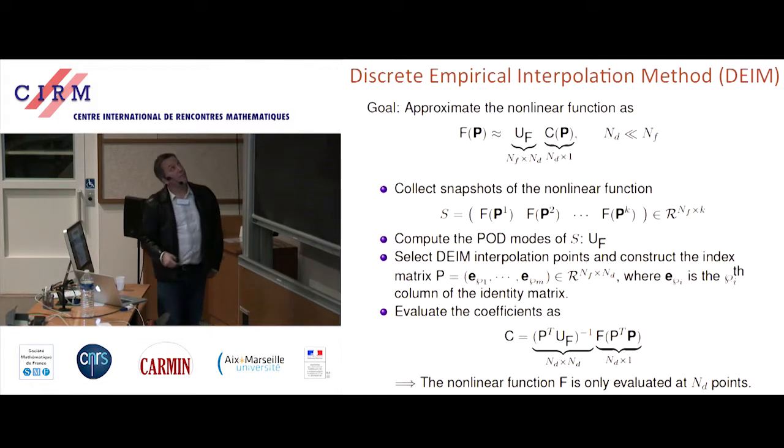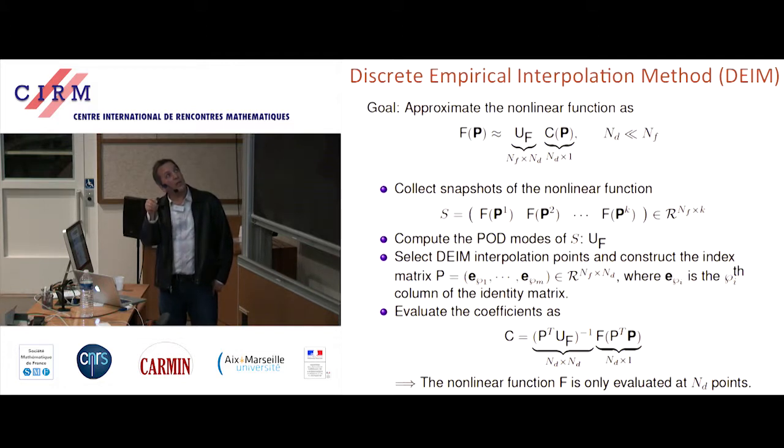As I mentioned, our goal is to obtain a reduced set of functions, using global vectors, to compute this by evaluating it at some points and using these nonlinear interpolation ideas.